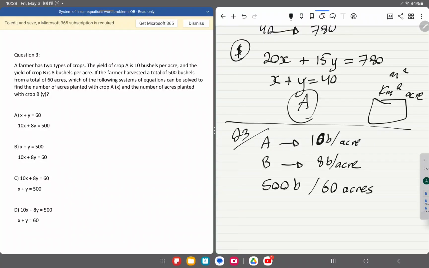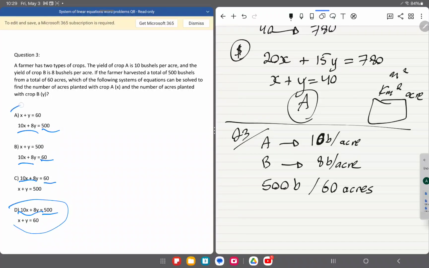So I have over here x plus y is equal to 60, 10x plus, I'm going to look at the solution over here. So I'm going to look first here. X plus y 60, x plus y 500. Okay, so you don't have a consistent something that is similar in all equations. You've got a lot of different: 10x plus 8y 500, 10x plus 60, 10x 60, 10x 500.